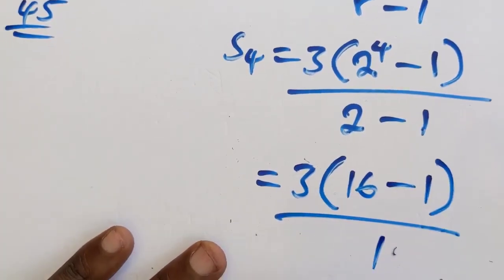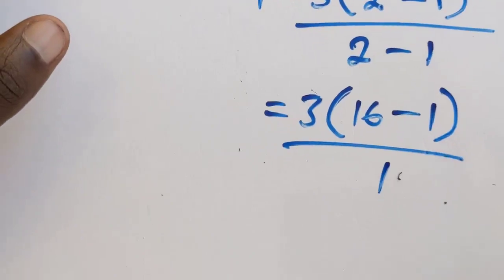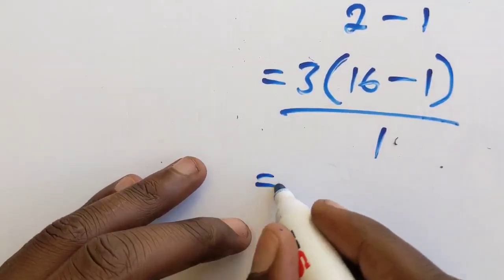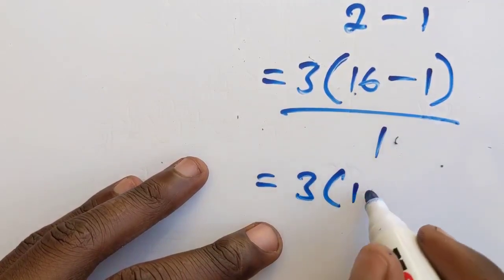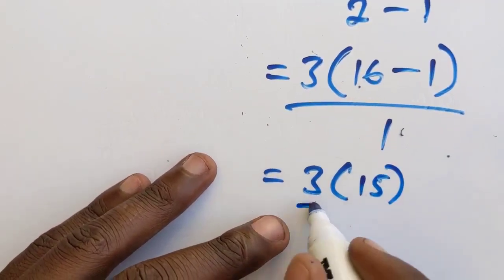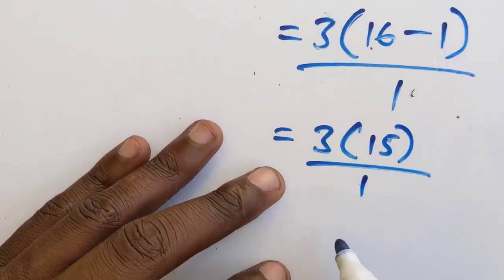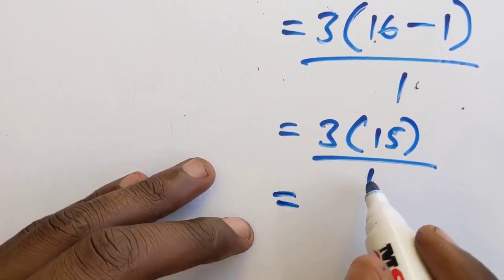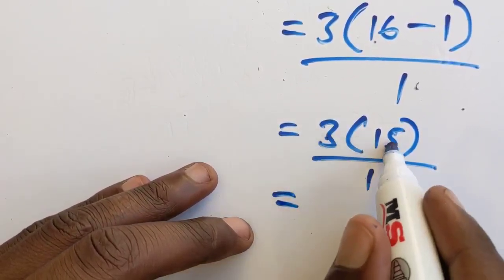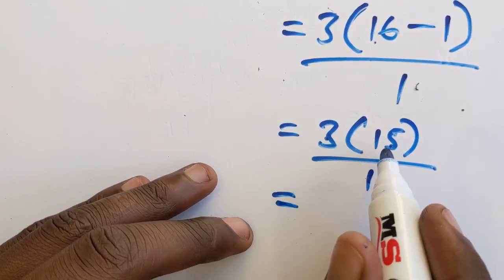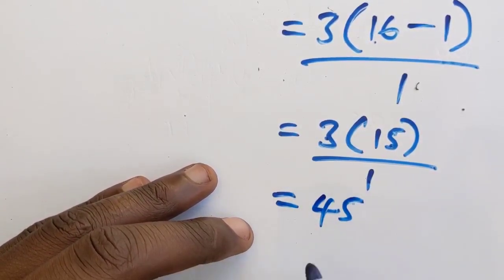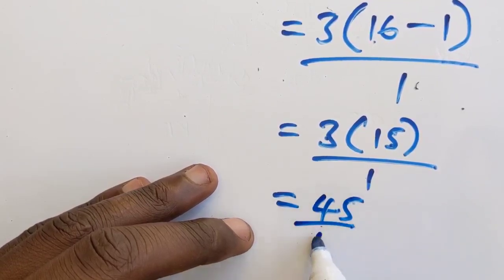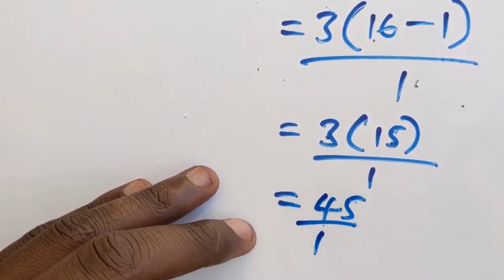You continue solving: 3 multiplied by 16 minus 1, that is 15, divided by 1. So 3 times 15 is 45. And when we divide by 1, it just gives you 45.